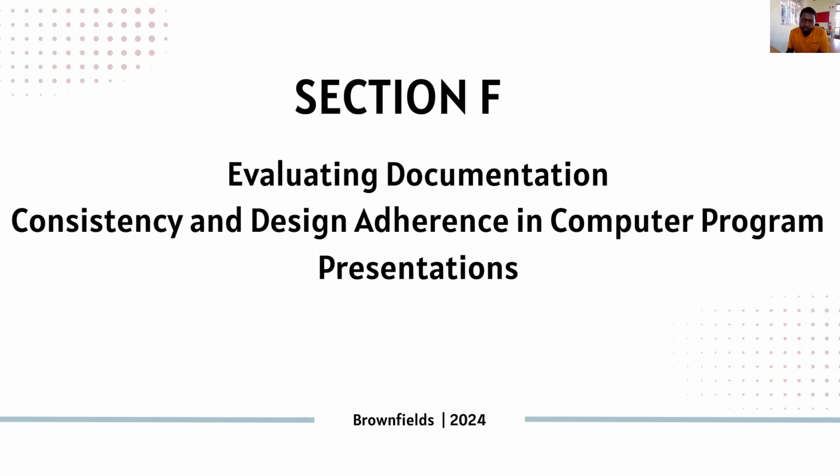A good documentation is important because it makes sure the system can be used, fixed, and improved over time. It also helps the team members to work together and share knowledge.